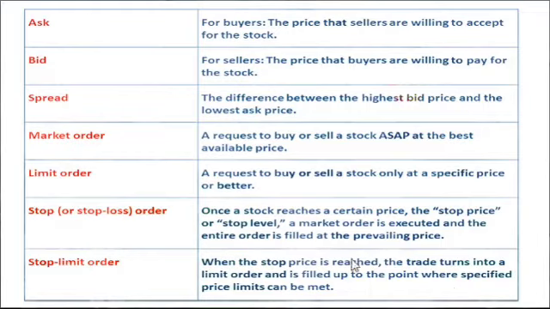Limit order we have already seen. What is a limit order? A request to buy or sell a stock only at a specified price or better. See, a limit order is filled up to the point where specified price limits can be met. This is the situation. Stop limit order.